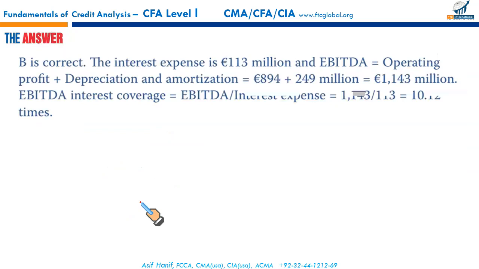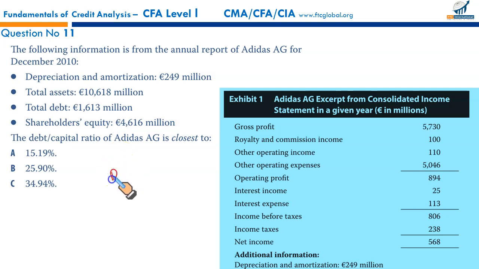The debt to capital ratio. All right. Now for the debt to capital ratio, we have debt given as 1613 million, but we do not have the total amount for capital. So simply adding the debt and the equity, these are the total funds deployed in the business.